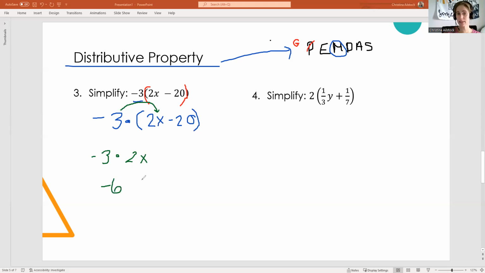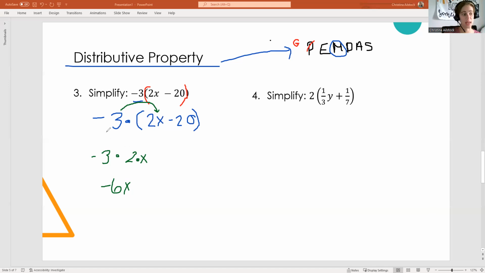And then this x continues along for the ride, because technically he is being multiplied as well. So it's really -3 times 2 times x. So we multiplied the portion we can work with. -3 times 2 is -6. And then that's being multiplied by x, that unknown value.